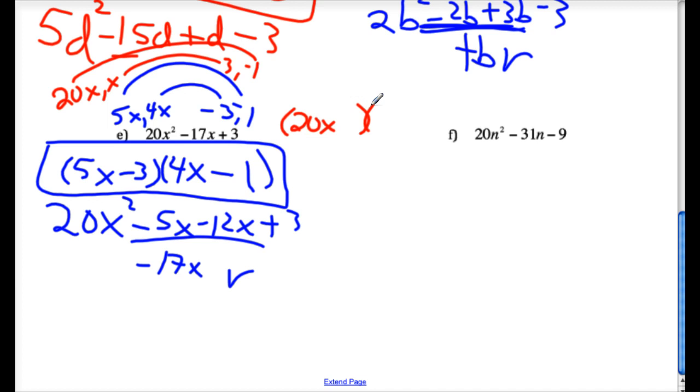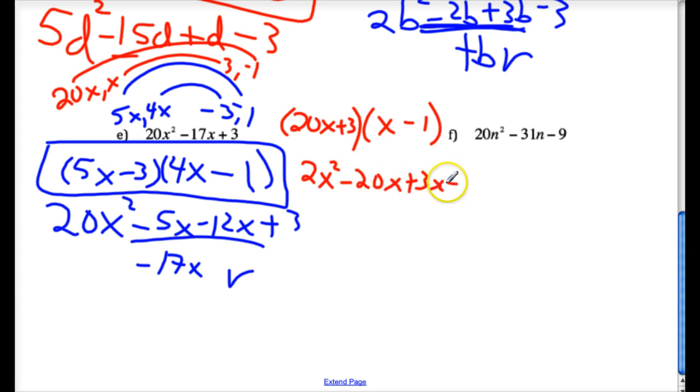20x minus 1, 3x plus x, or excuse me, x. X minus 1. Yeah, yeah. That x goes with a plus 3? Yep. Okay, do FOIL on that, Aaron. 20x squared minus 20x plus 3x minus 3. 20x squared minus 17x minus 3.